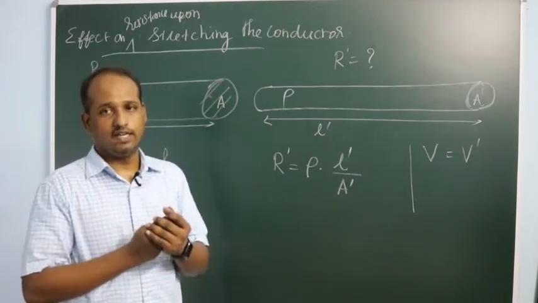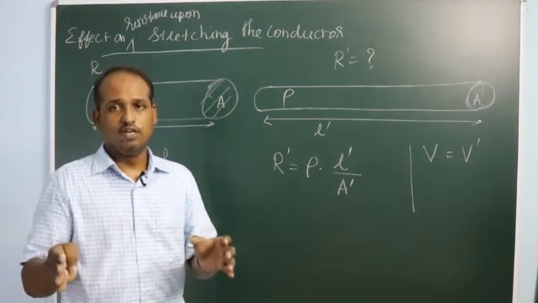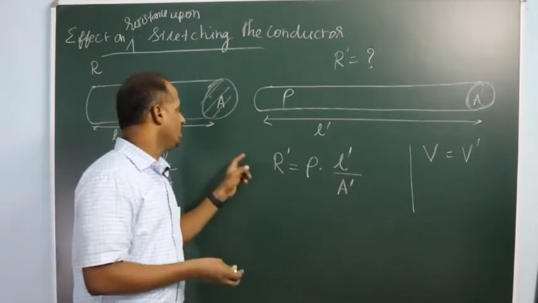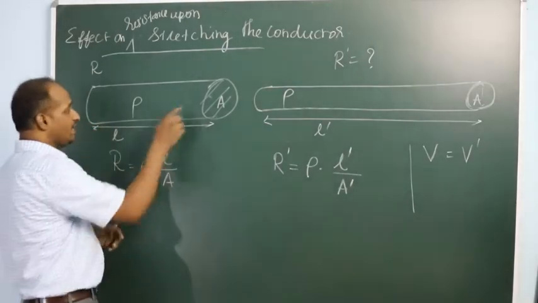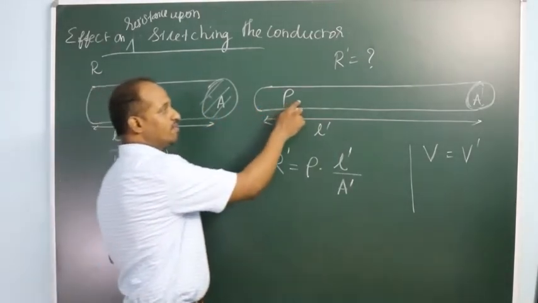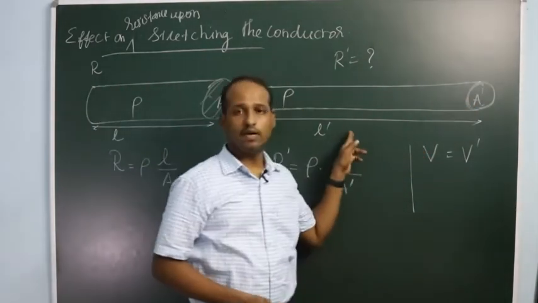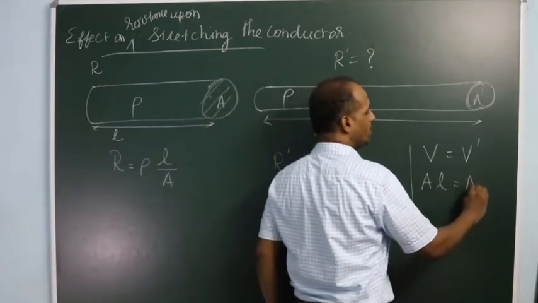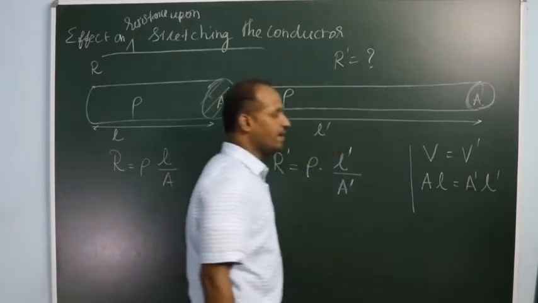Volume of a cylinder is pi r square H, where pi r square is the area of the cross section. Similarly, the initial volume is A into L and the final volume is A prime into L prime.